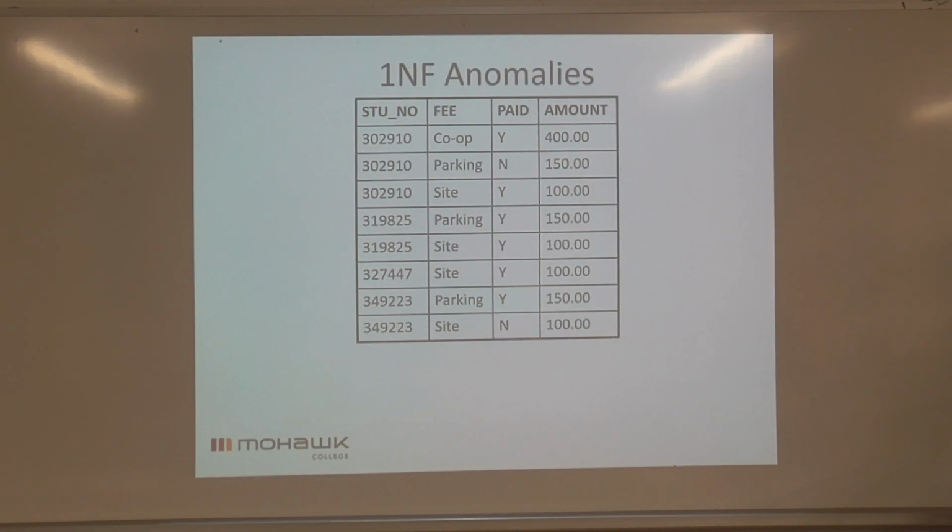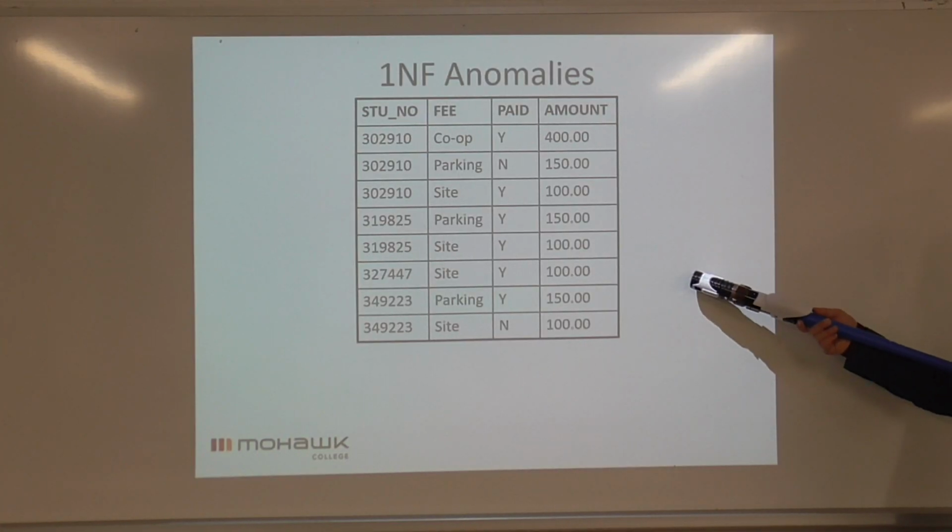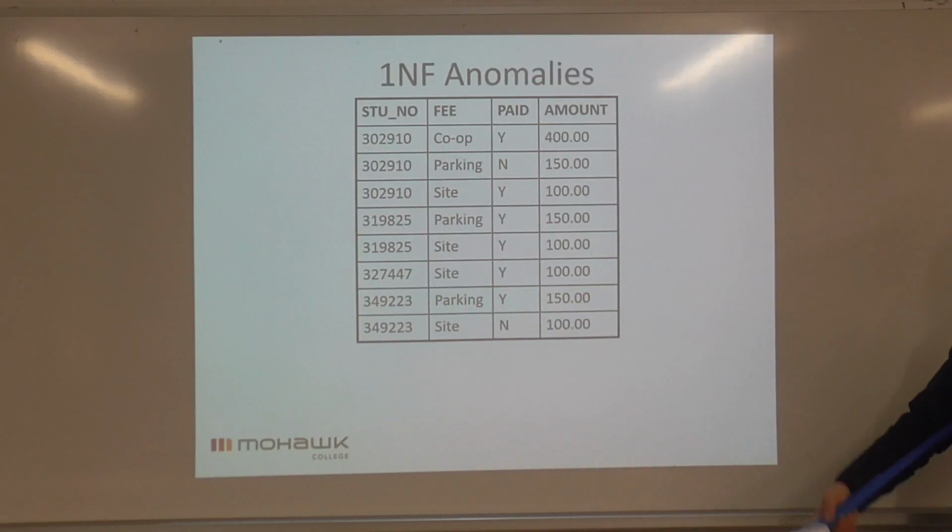Delete, insert, and update. That's right. So, let's consider deletion. Does this data contain deletion anomalies? That is to say, if we delete a row, do we lose information? If you delete the first one, if someone tries to enter a co-op fee, there's nowhere to say how much the co-op fee actually is.